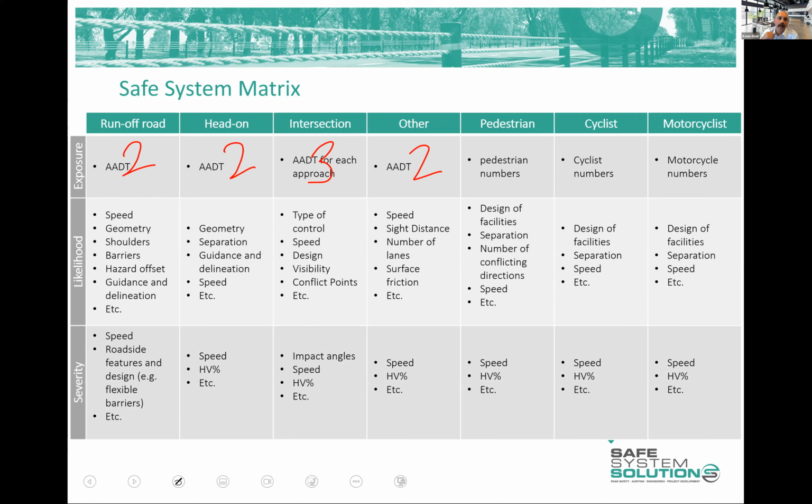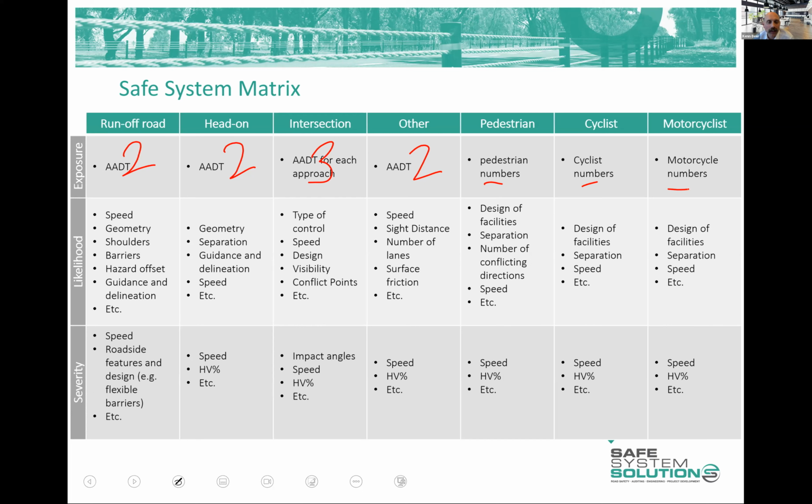Now, we've got pedestrians, cyclists, and motorcyclists. There's pedestrian numbers, cyclist numbers, motorcycle numbers. Now, you might be given those, or they might say to you, we don't know. We haven't done pedestrian counts. We haven't done cyclist counts. We haven't done motorcyclist counts. So this is where you may need to use your judgment.